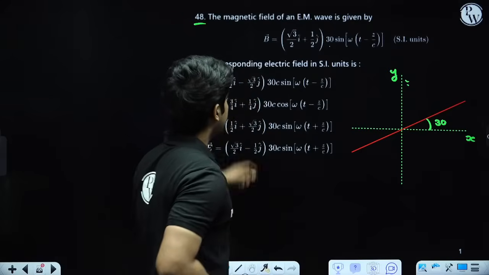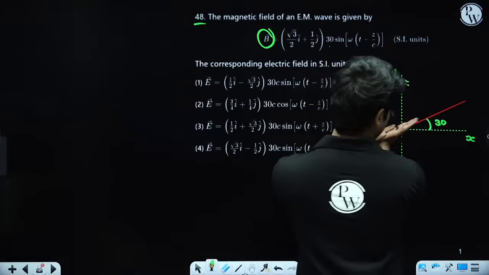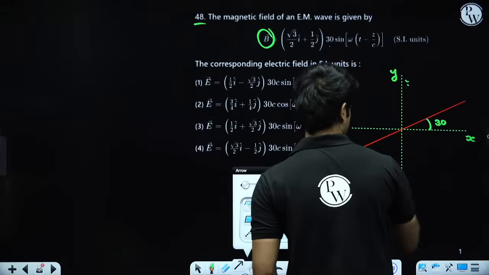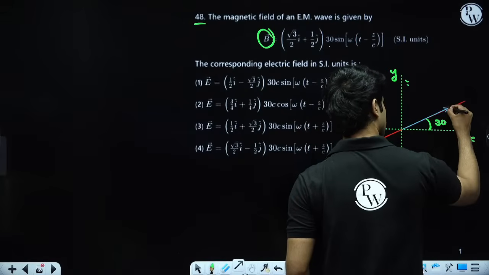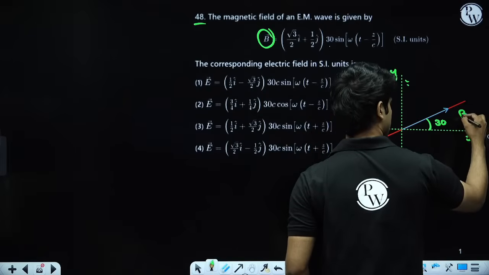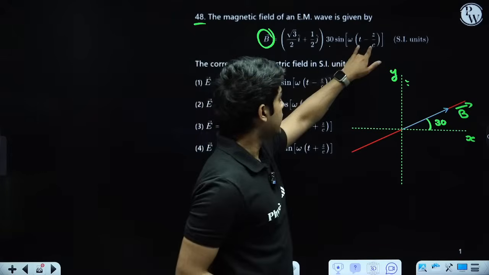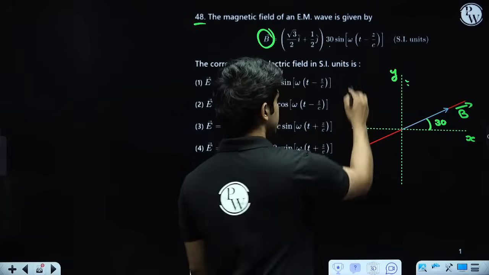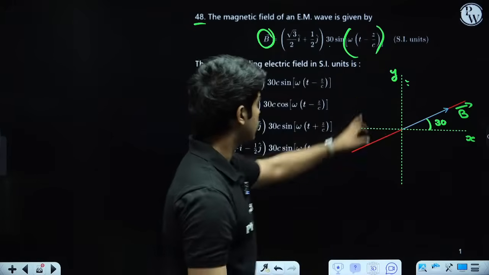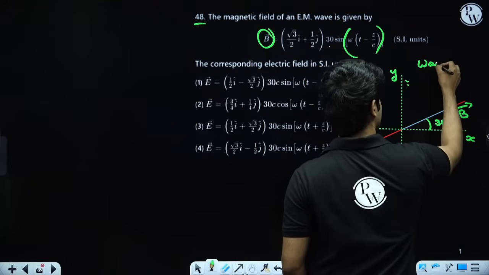So the magnetic field is actually pointing in this direction. This is the direction of the magnetic field, B. Inside we have omega t minus z by c. This inside term tells us in which direction the wave is propagating.